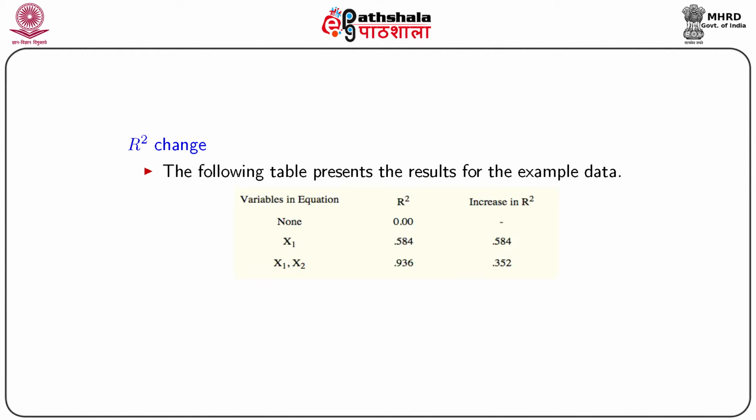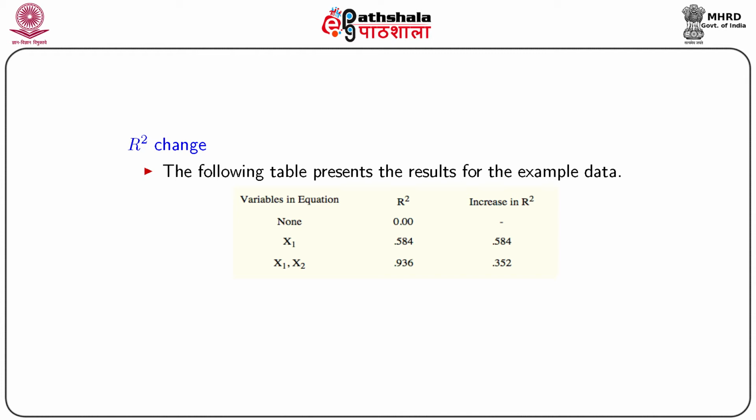Let's look at, for example, the effect of work ethic, which is x2, on success in graduate school, which is our dependent variable y1. If we look at the effect of work ethic on success in grad school, and if we could assess it, given one already has a measure of intellectual ability x1, then the following table represents the results that we get. So when there are no variables included in the model, that is a simplistic model where yi hat equals beta naught, then R square is 0 and there is no increase in R square.